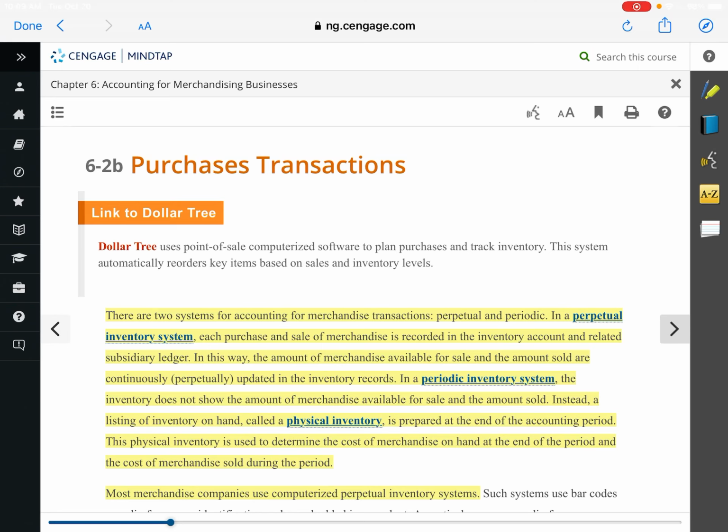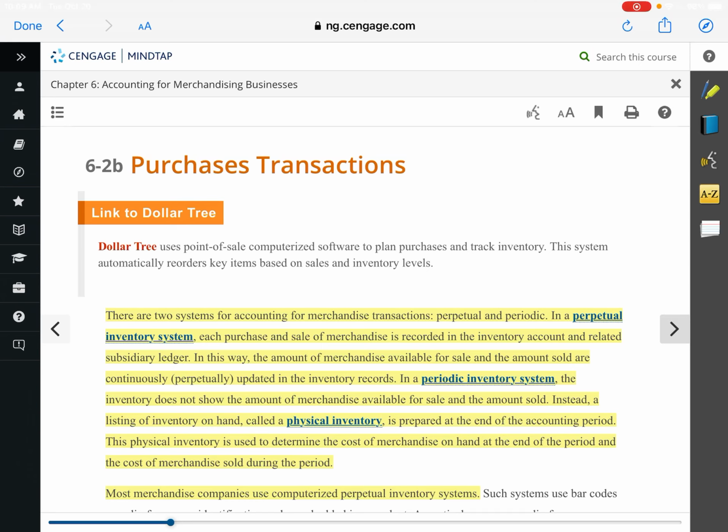But then at the end of the day, if you have discrepancies, so say that they have on their inventory register that they're supposed to have 50 strollers, but we go through and we count and they only have 35. Well, that's a pretty big discrepancy, and that could be a material amount that could cause a problem. So you do these inventory counts to know exactly how much inventory you have on hand.